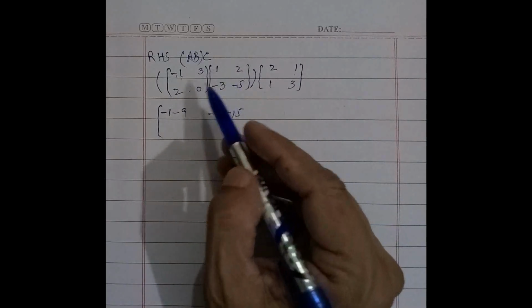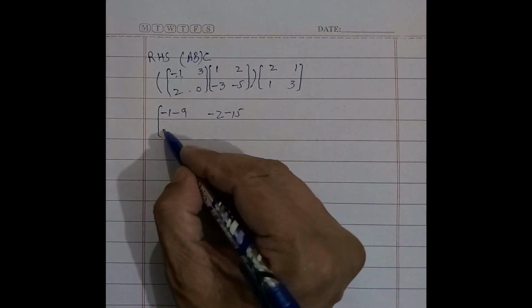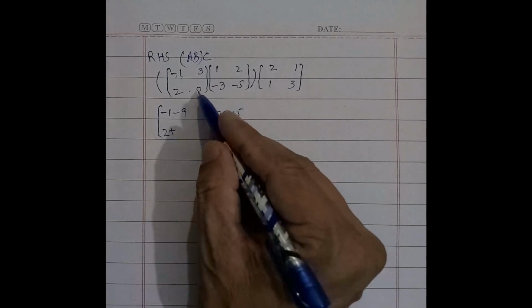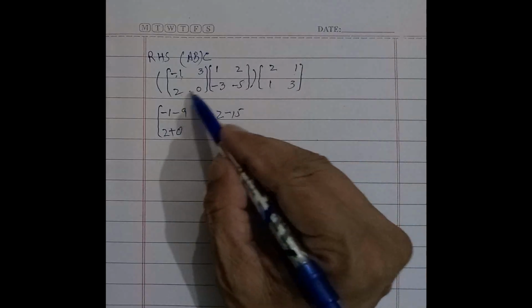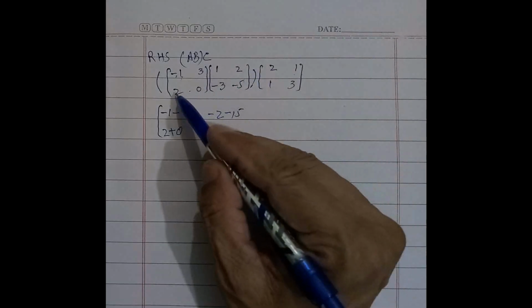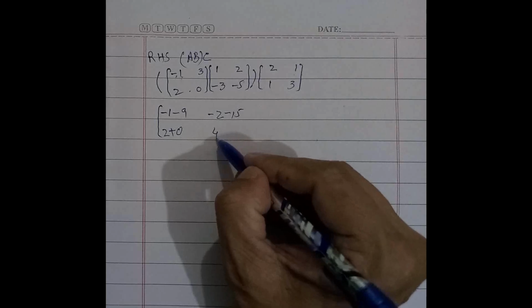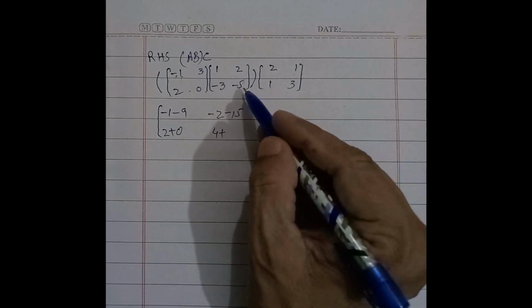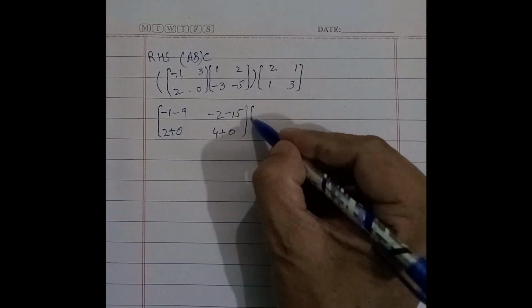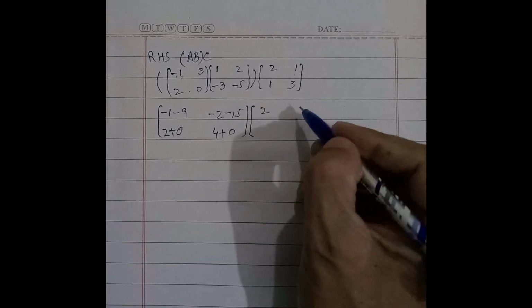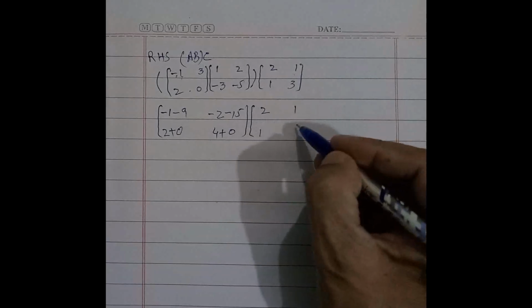Second row with first column is 2 multiplied by 1 is equal to 2, plus 0 multiplied by -3 is equal to 0. Second row with second column is 2 multiplied by 2 is equal to 4, plus 0 multiplied by -5 is equal to 0. And matrix C is equal to 2 1 1 3.